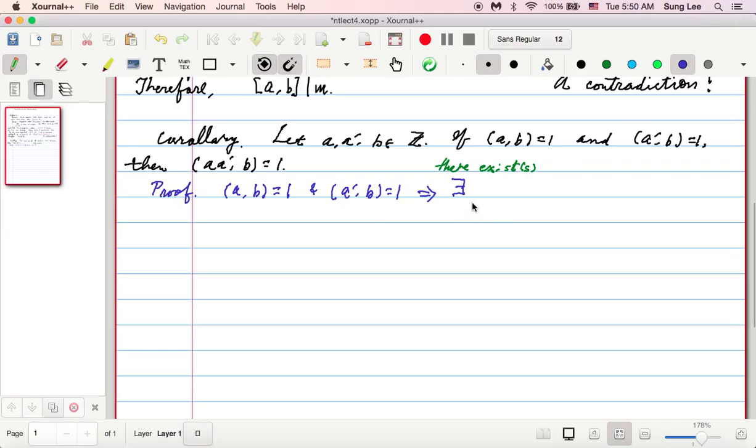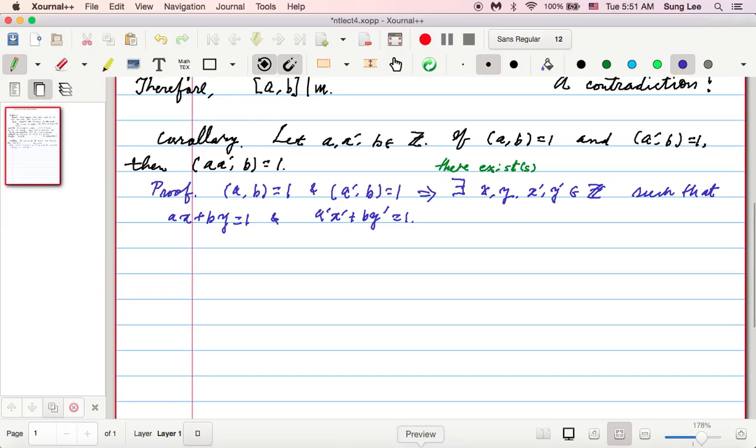So there exist four integers x, y, x prime, y prime such that ax plus by equals 1 and a prime x prime plus b y prime equals 1. So how do we know this?